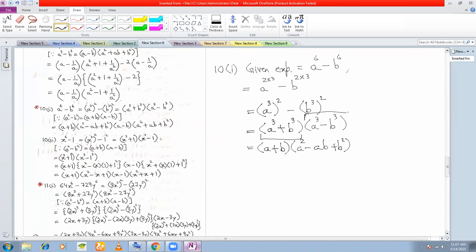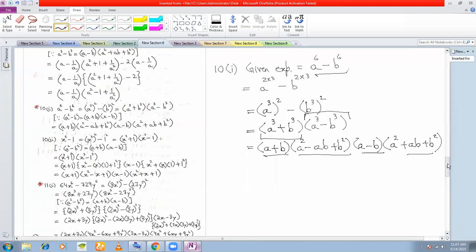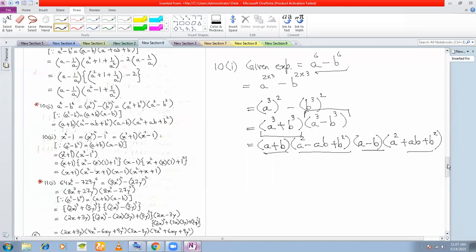And for the second one, a cube minus b cube, I have a minus b into a square plus ab plus b square. So that is done. So I have 4 factors here, 1, 2, 3, and 4. So a to the power of 6 minus b to the power of 6 has been split into 4 factors. Okay. So you had to use 2 formulas here, difference of squares as well as cubes.